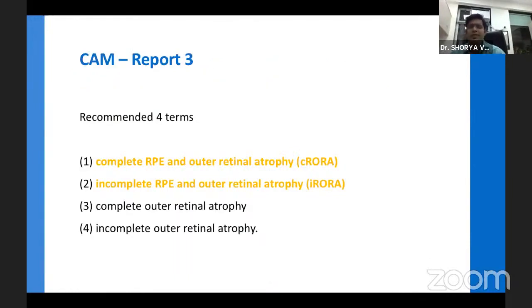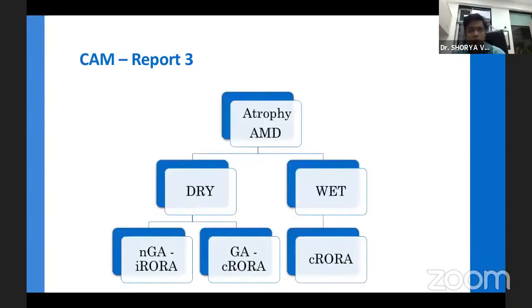With report 3, they came up with 4 terms, out of which we'll be discussing 2. One was complete RPE and outer retinal atrophy, and incomplete RPE and outer retinal atrophy. So let's see how they fit into the AMD spectrum. The atrophy in AMD is actually divided into dry or wet. It can be in either. Typically it was described in dry AMD as what we knew as geographic atrophy.